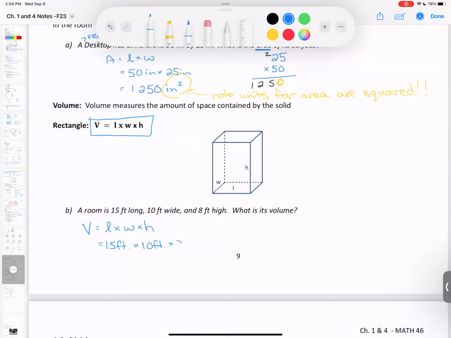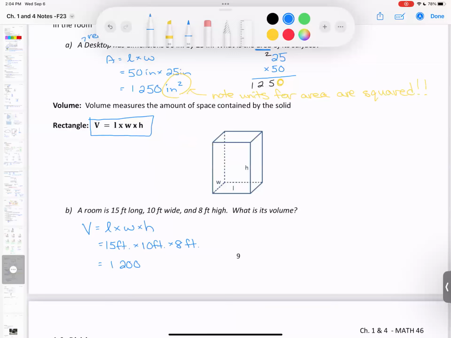And my height was 8 feet. So I could do this by hand by multiplying those first two numbers and then multiplying the answer by that third number, or go ahead and use your calculator. So you'll do 15 times 10 times 8, and you'll get an answer of 1,200.